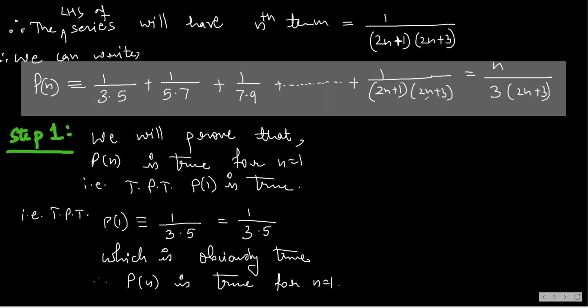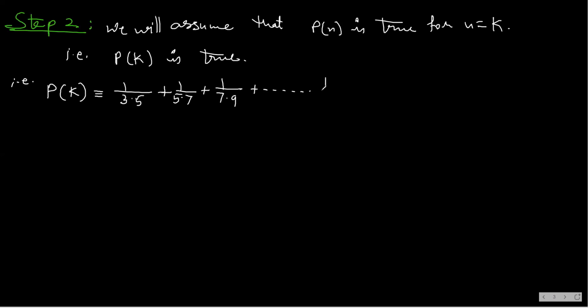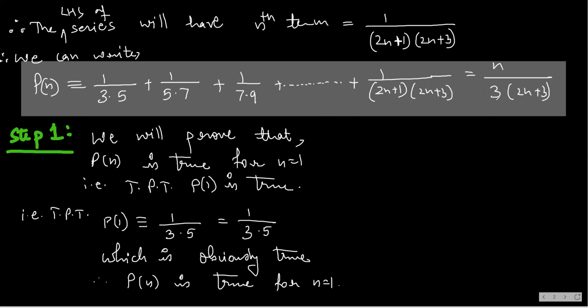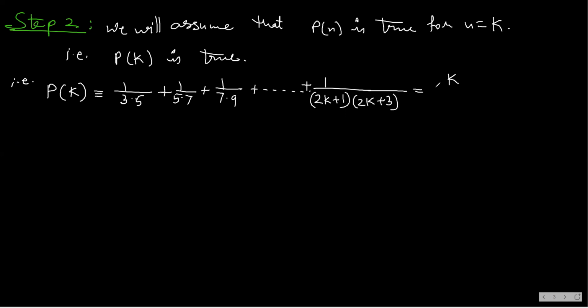And here you put n as k, 1 upon 2k plus 1 into 2k plus 3, equals to what you have? You have k upon 3 times 2k plus 3.